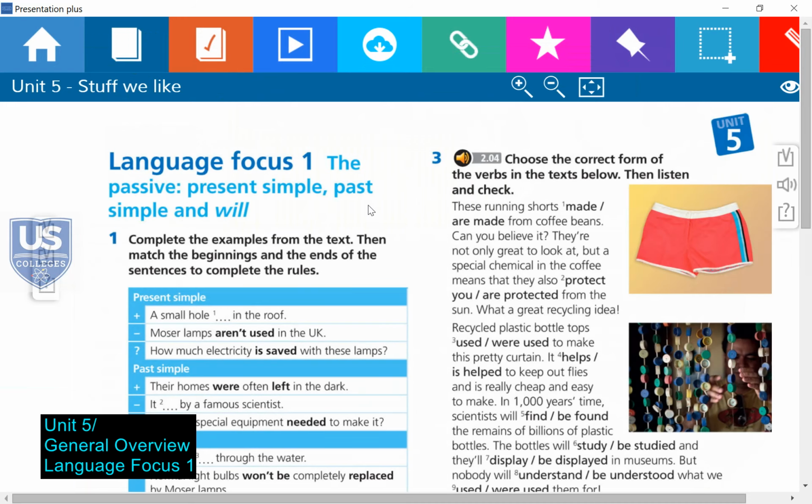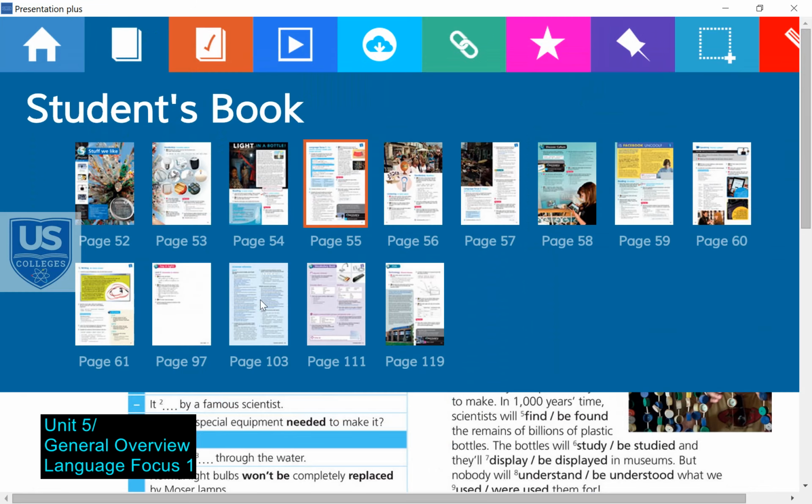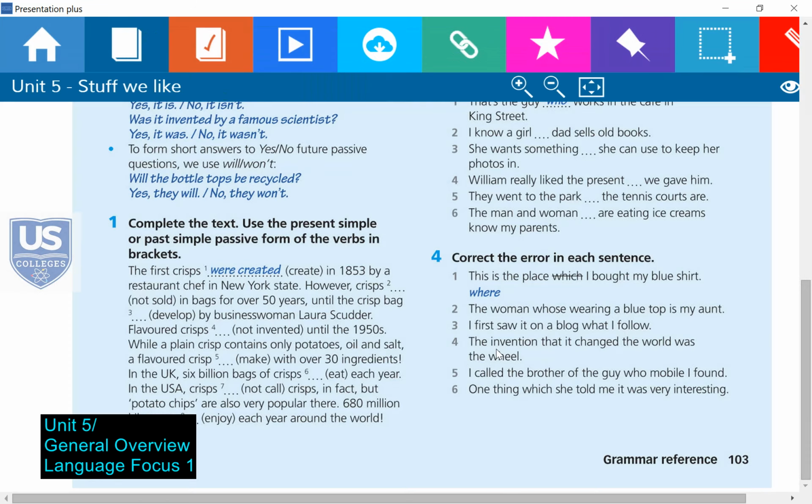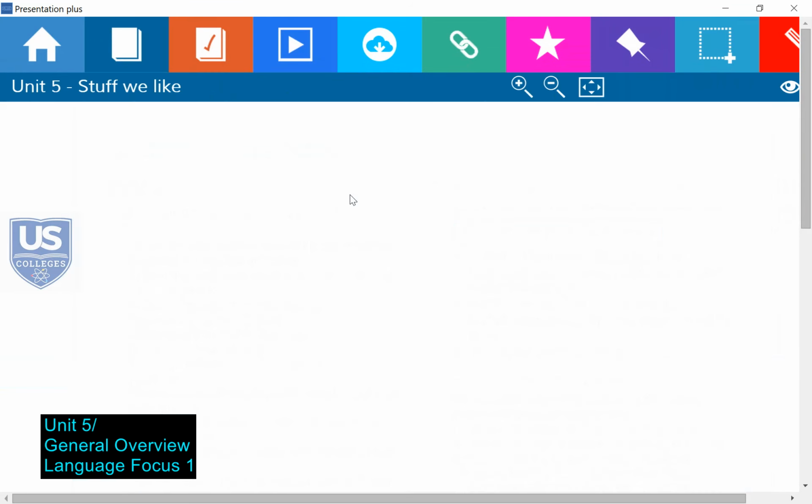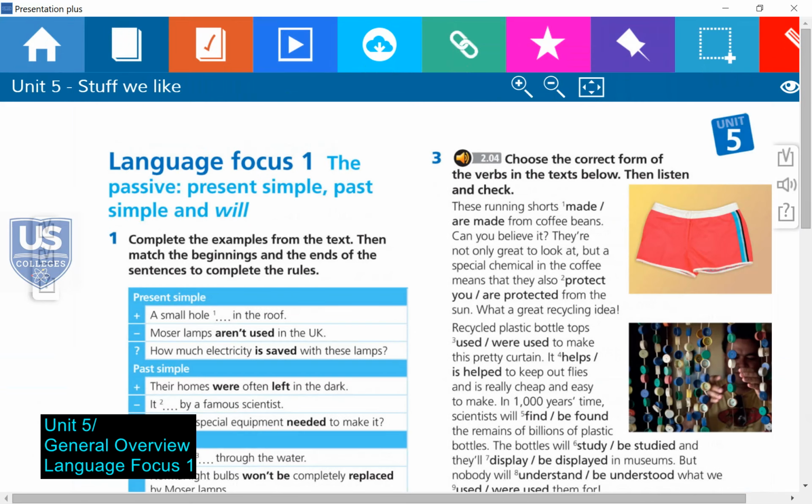So on page 55 in your course book, and further details on page 103, you'll be studying the passive in 3 tenses.